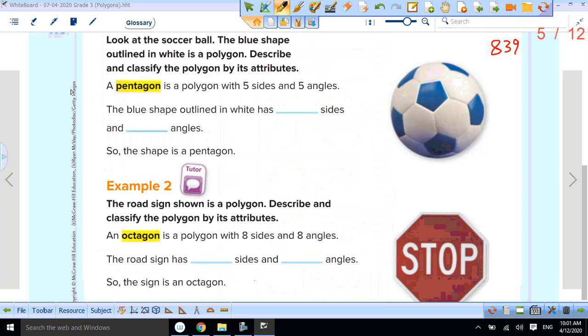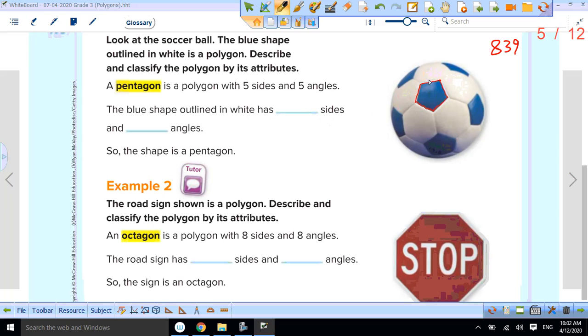Let's solve some examples. Look at the ball. The blue shape outlined in white is a polygon. Describe and classify the polygon by its attributes. A pentagon is a polygon with 5 sides and 5 angles. The blue shape outlined in white has how many sides?